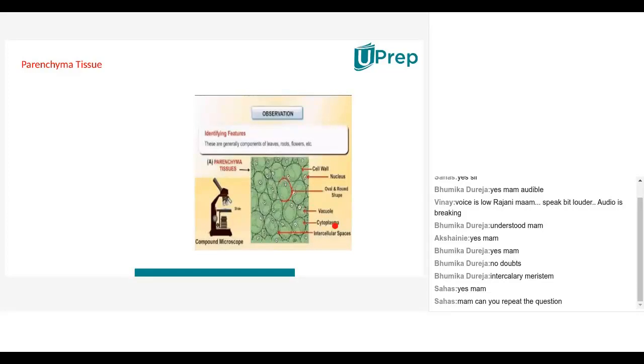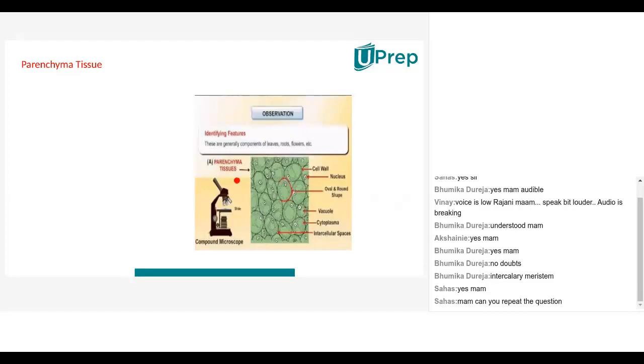So here, by observing the parenchyma tissue, you can say this tissue contains cells of different shapes, a small nucleus but a big vacuole, and there are spaces or gaps in between the cells. These are the characteristic features of parenchyma tissue.